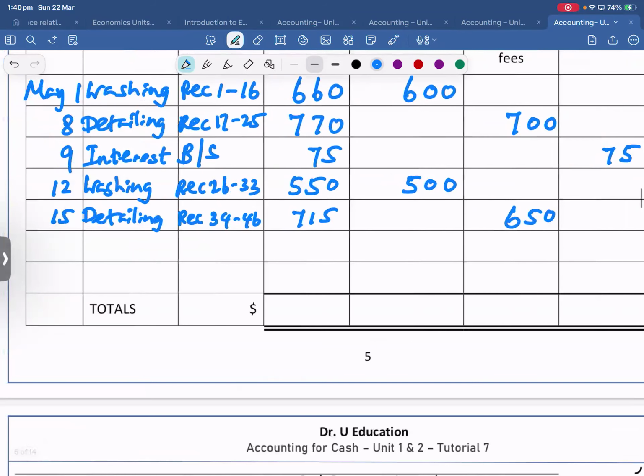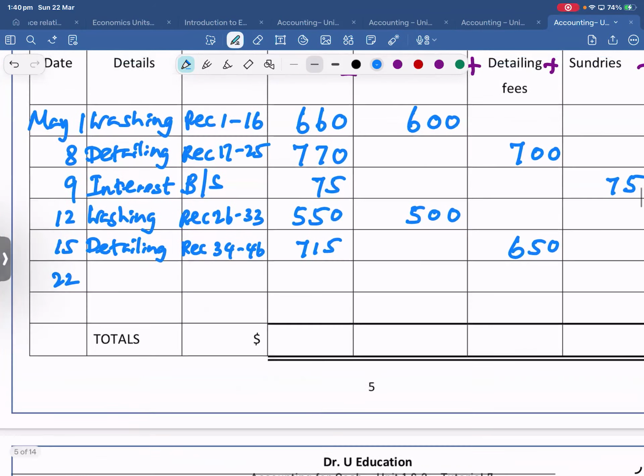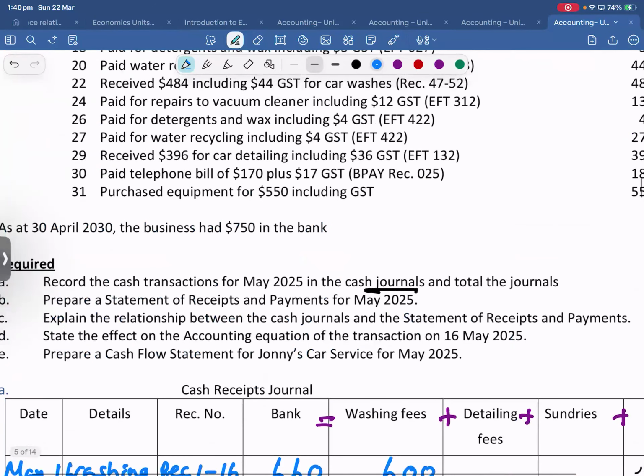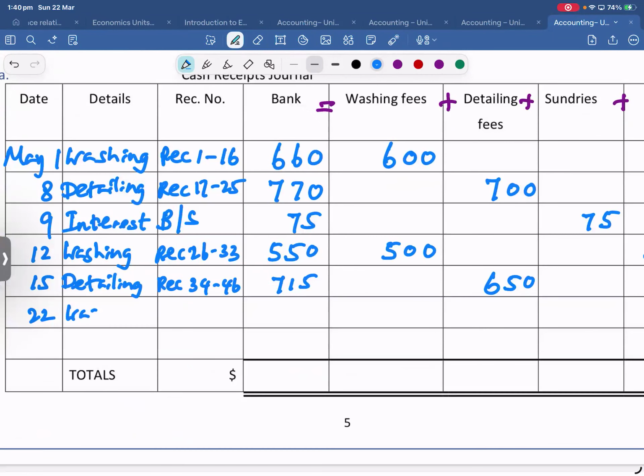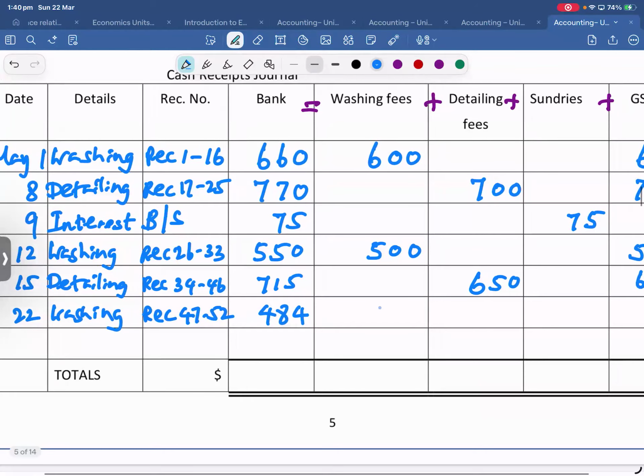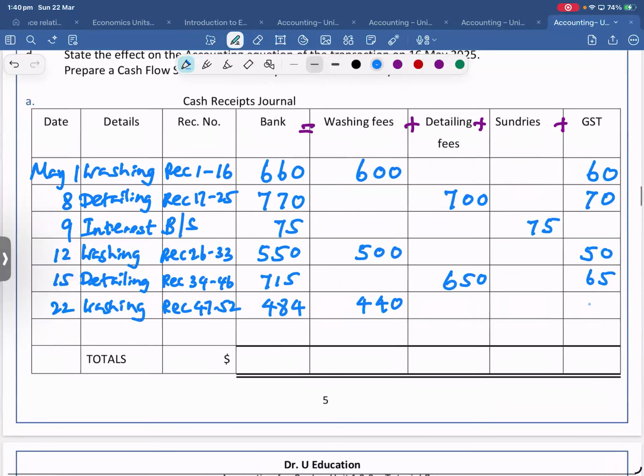So 22. Washing. $484. So without GST, how much? 440, yes? Yeah, 440 and GST is 44.